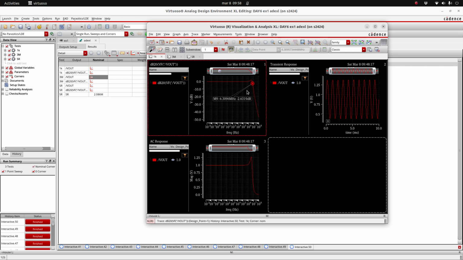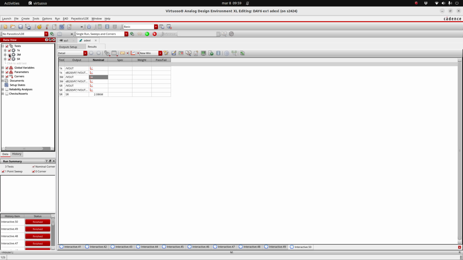So let's run a simulation for only 1 kilohertz, with a signal swing of 500 millivolts at the input.